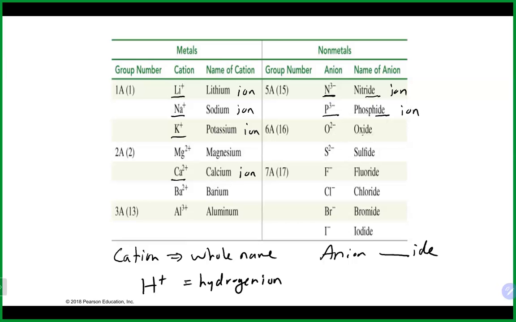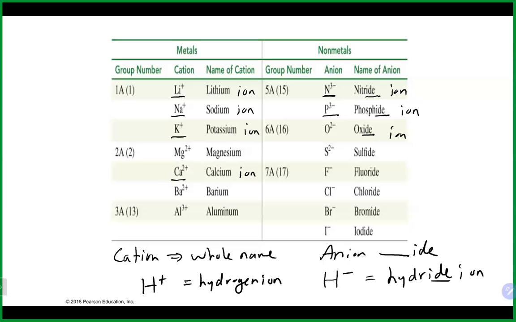Oxygen, we drop a lot of the name and put IDE at the end of it, which becomes oxide ion. And hydrogen is the only element that can go both ways. It could actually be negatively charged as well in certain cases. And we would follow the same pattern. It would be the hydride, IDE, ion.